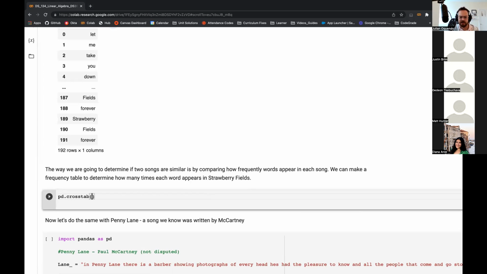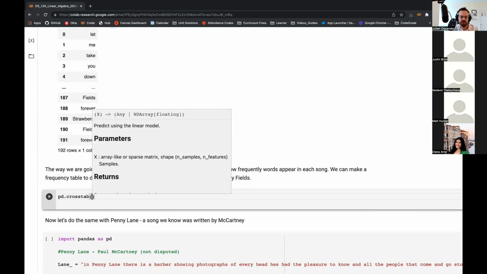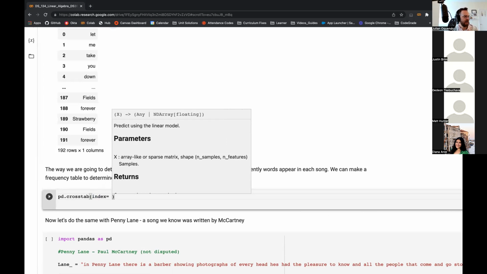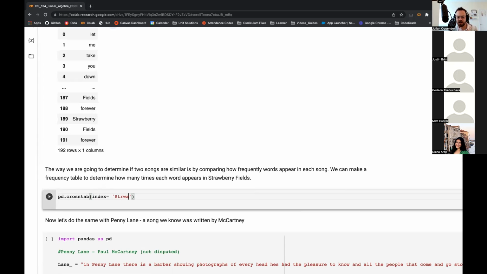I'm going to use the crosstab method to index the values based off of the words column. So if I have my strawberry data frame and the words value, I am going to crosstab those values and count how often they appear.